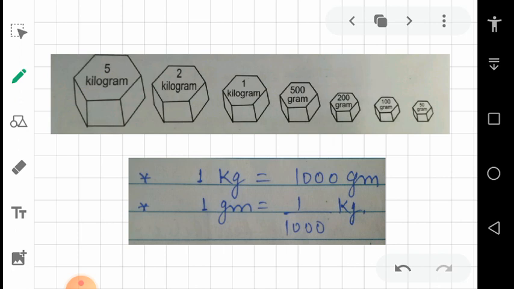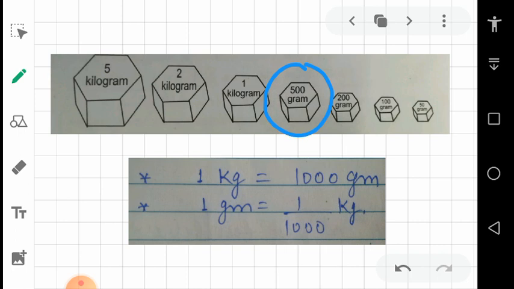If we start from 5 kg, then we have 2 kilogram. 3 and 4 are not available as they can be measured with the help of these. Then 1 kilogram, and less than 1 kilogram is 500 gram. We can say this is a half kg. Then 200 gram, then 100, then 50. There are 20 and 10 grams also.